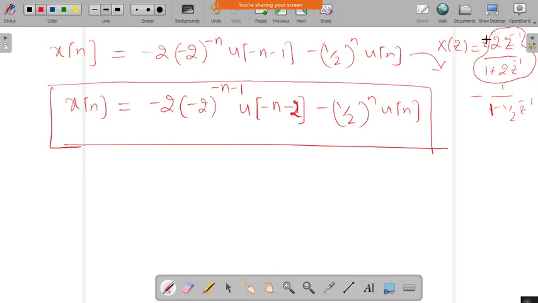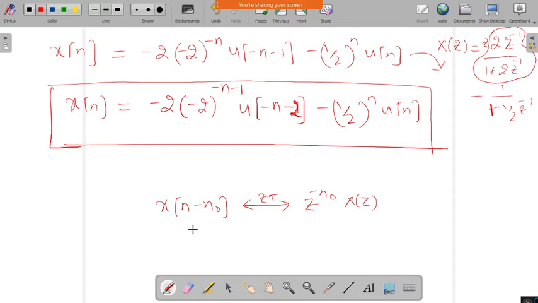Now we need to shift the signal by plus 1. You know the property, right? If I have x of n minus n naught, its corresponding z transform will be z power minus n naught into x of z, right? Is it not? Yes, sir.